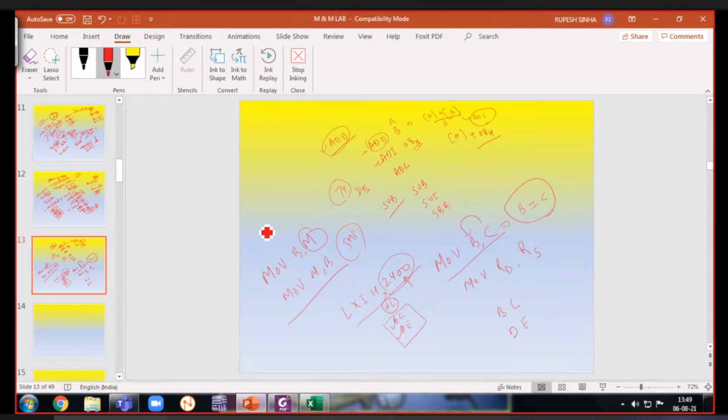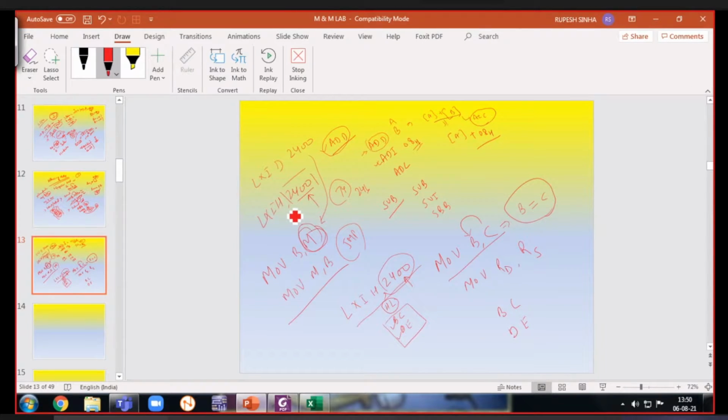If I am writing LXI H 2400, after that only we can use this M. M specifies the content which is at location 2400. If I am using LXI D 2400, after this we cannot use M. So M is valid only when the address is stored in the HL pair.